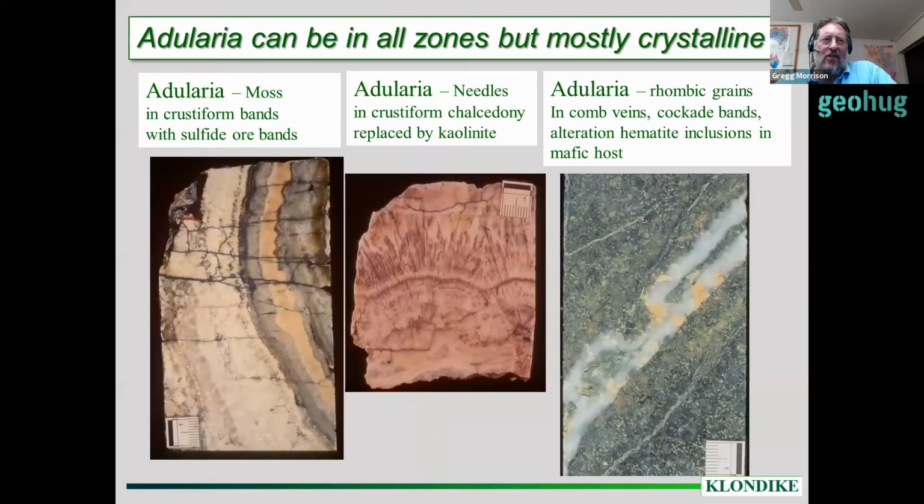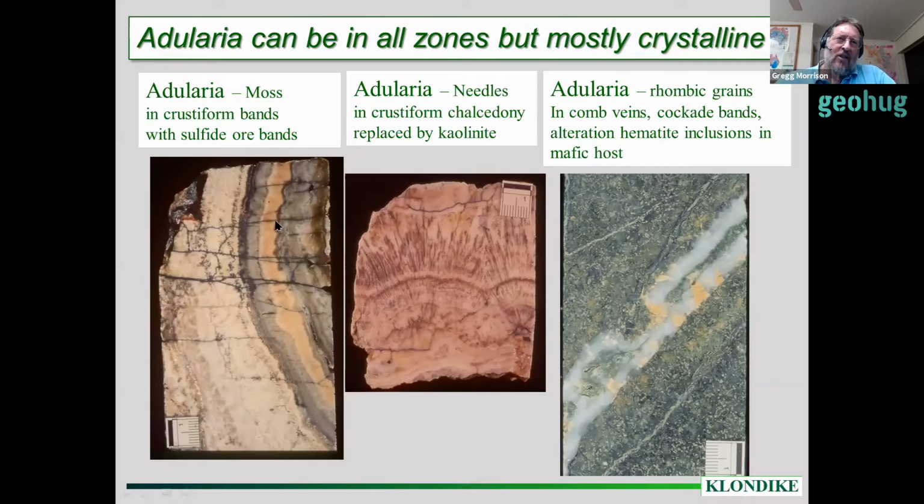Here's the variations in adularia. Typical adularia is this rhombic crystalline form that's usually orange or pink with a bit of hematite staining in it. But this is needle-shaped adularia in colloform bands. It's been replaced by kaolinite, which has been etched out when the sample was cut, and the gaps are filled in with grinding powder here, which highlights the texture.